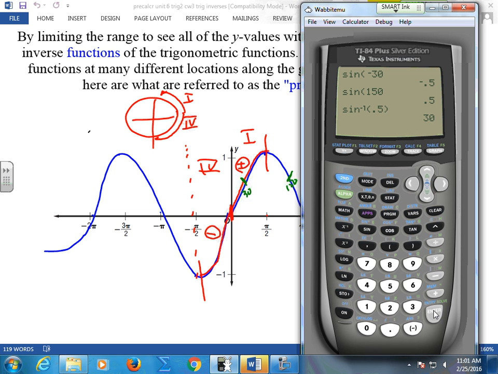So I cannot get to this guy. If I ask for every angle that had a sine of 1/2, no restriction, I would get 30, I would get 150, it would keep on going. But if I ask for the inverse, which does a restricted angle, it's only going to look right here. Now watch. What happens if I say, give me an angle whose sine is negative 0.5?